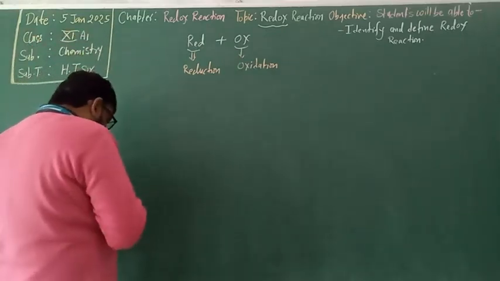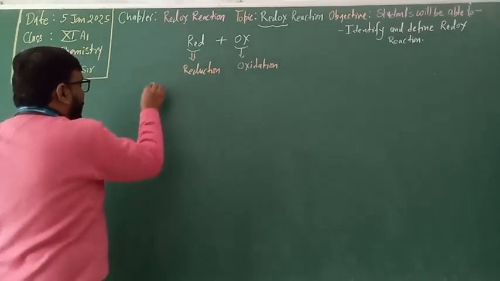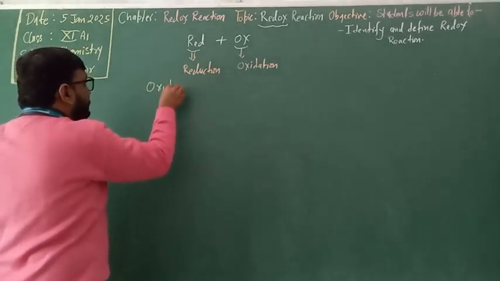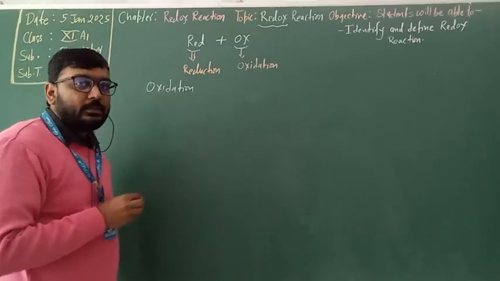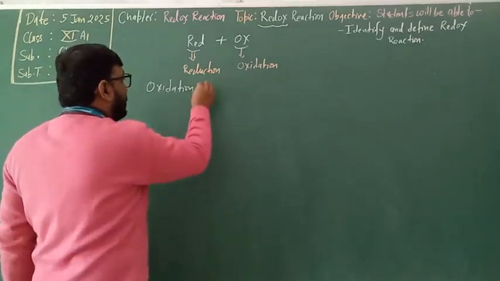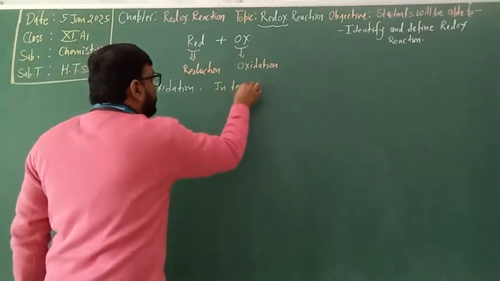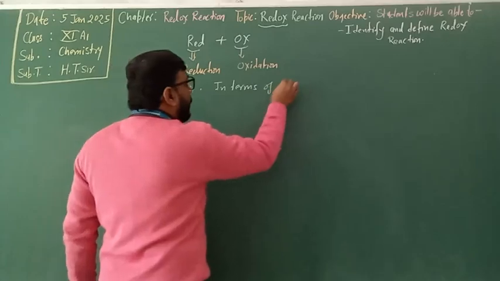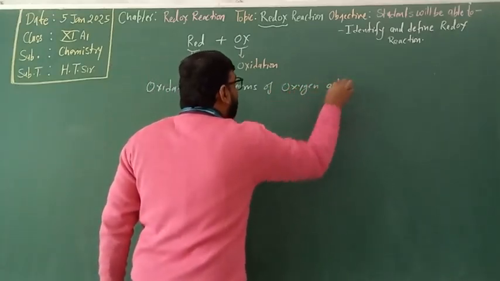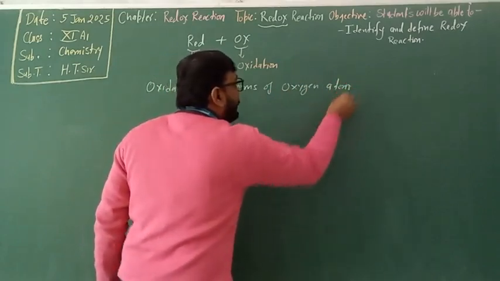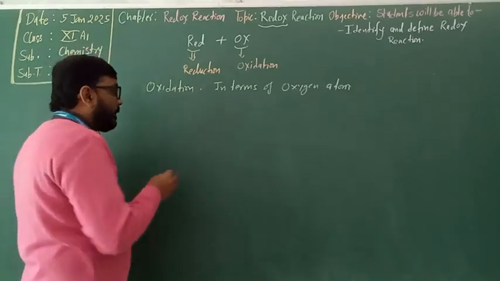In terms of oxidation and reduction, we will learn the first method: oxidation in terms of the oxygen atom. First of all, the oxidation process is defined in terms of the oxygen atom.